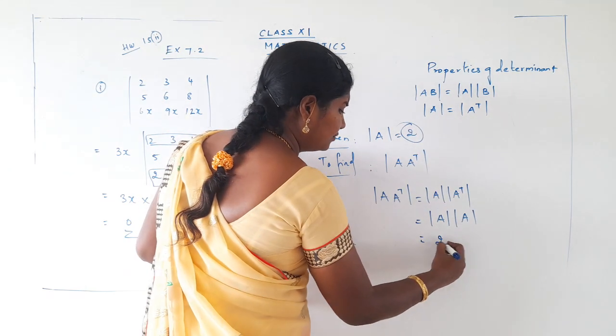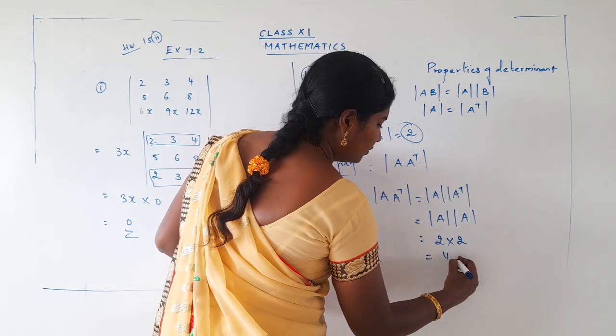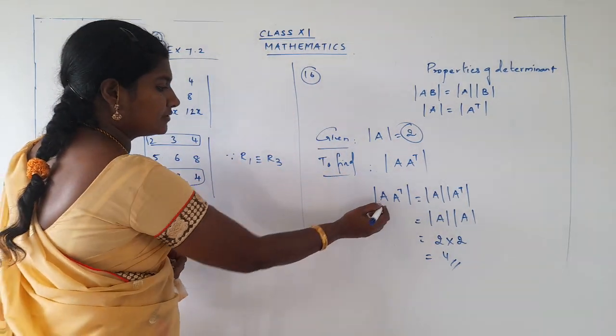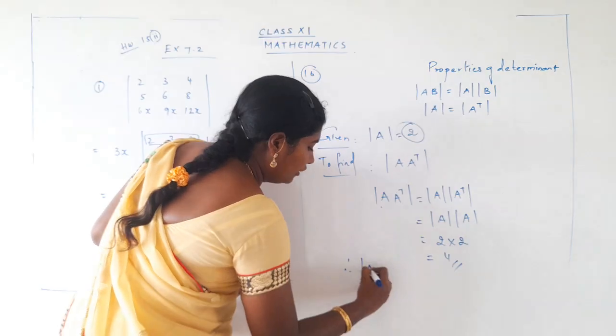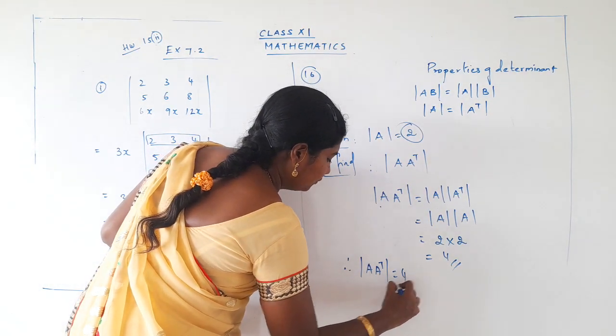So substitute the value, 2 into 2, which is equal to 4. So we have found the answer: determinant of A transpose is equal to 4.